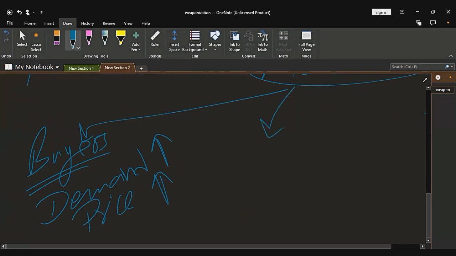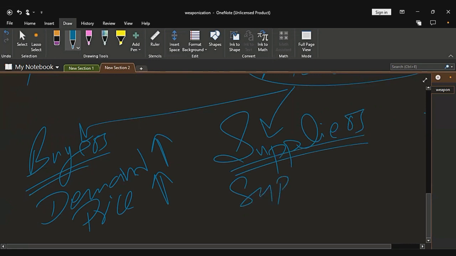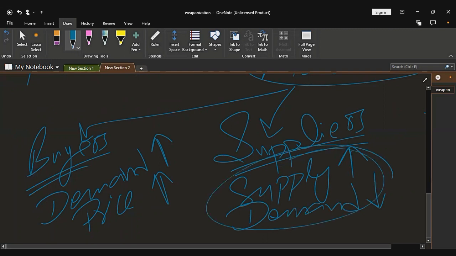And where the number of suppliers increases, it means there is a greater supply of the product in the market. Greater supply means that there are only limited buyers available in the market. So demand will be normal or demand decreases, and due to this prices also decrease.